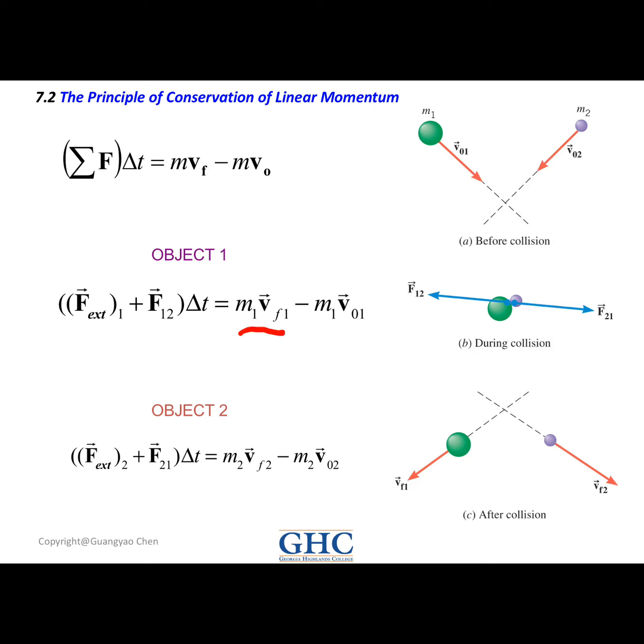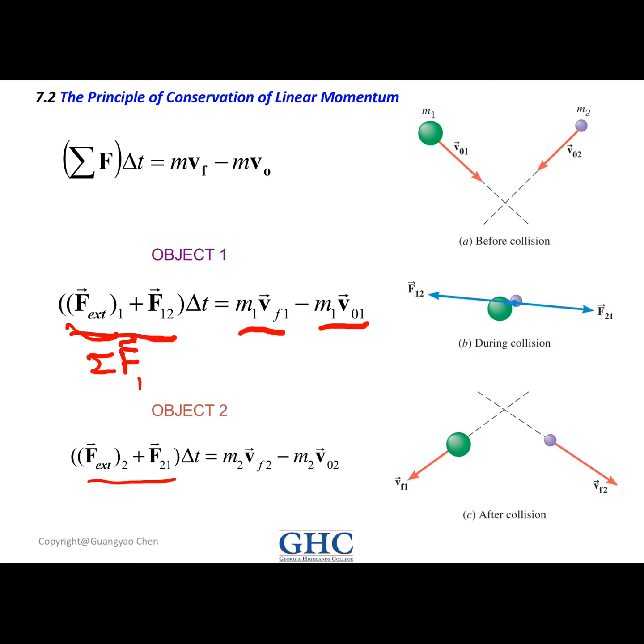So the final momentum of ball 1 minus the initial momentum of ball 1 should equal the total net force times delta t. But we split the forces into the external force on 1 and the internal force on 1 from ball 2. So those make up the total net force acting on 1.